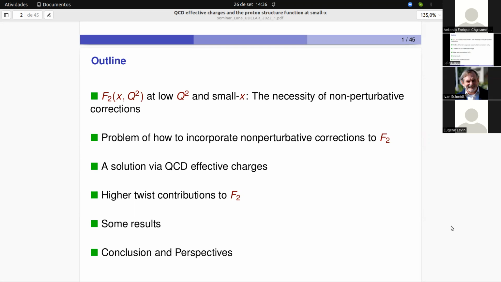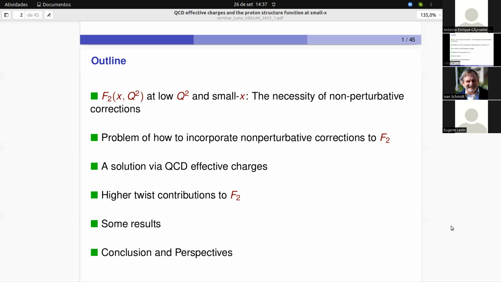We need non-perturbative corrections to describe the structure function in this kinematical region. I will discuss the problem of how to incorporate non-perturbative corrections to F2, and I will show our solution, which is to introduce the idea of QCD effective charges.